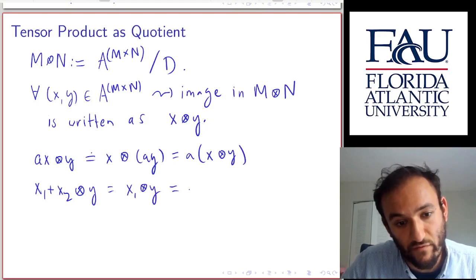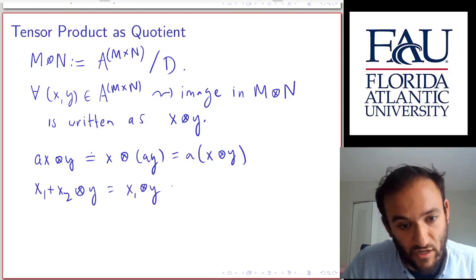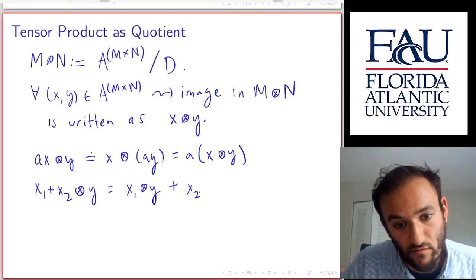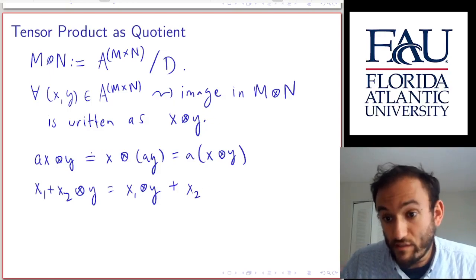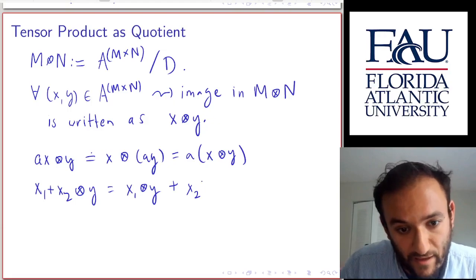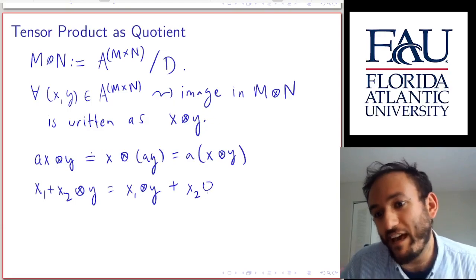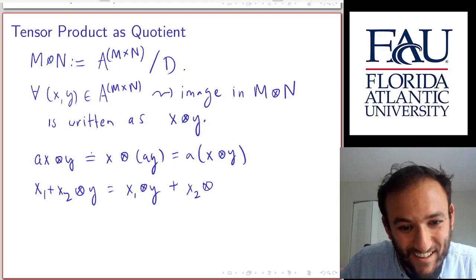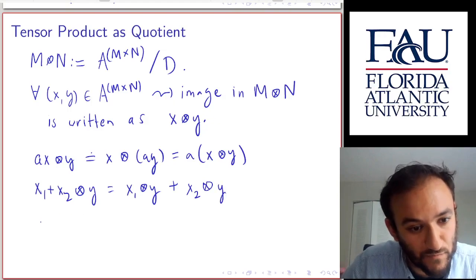Okay, so we're able to engineer this special object which has this bilinearity in each factor by just forcing it to have that bilinearity, and that's what we've done so far.